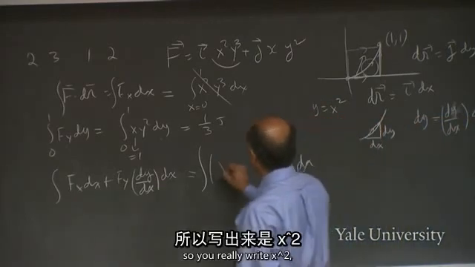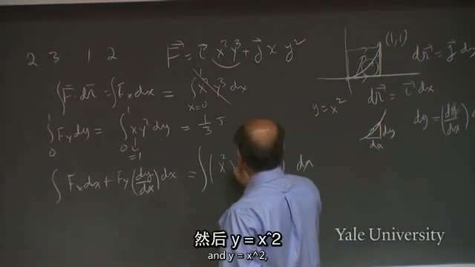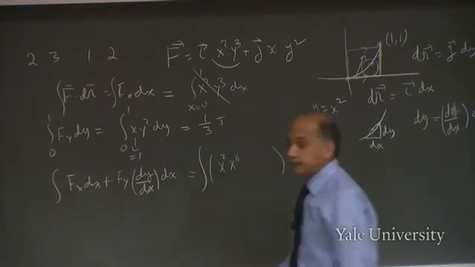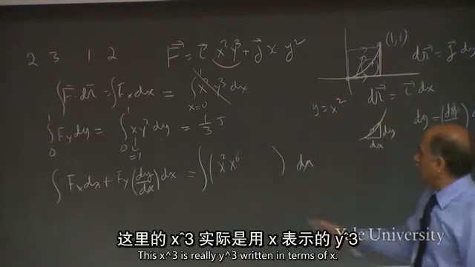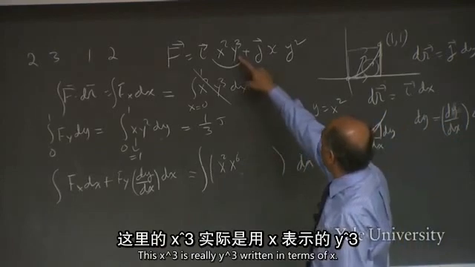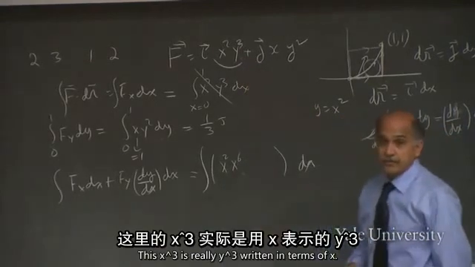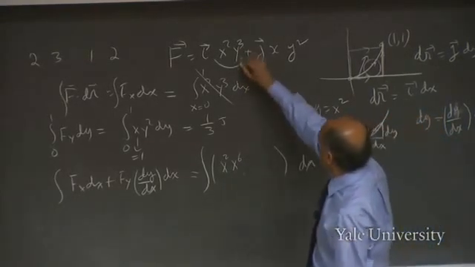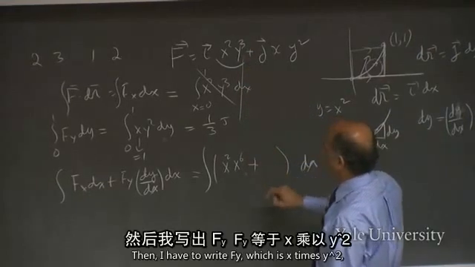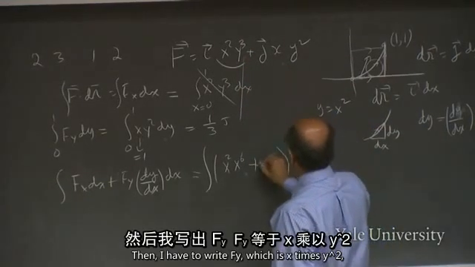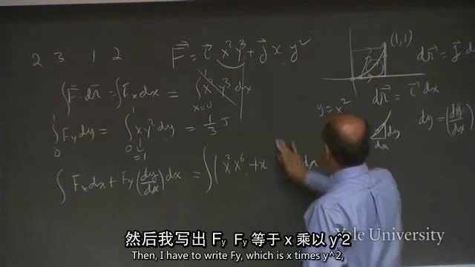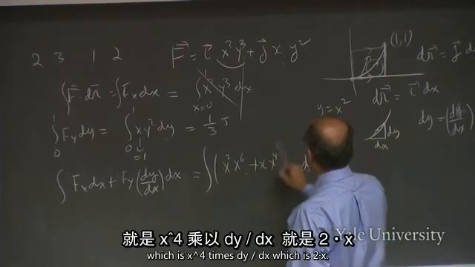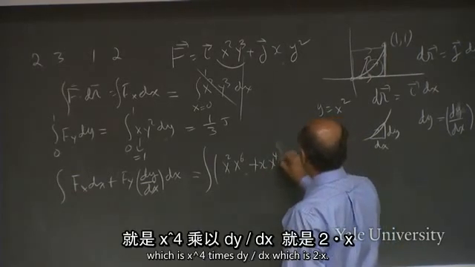So you really write x squared, and y is equal to x squared, that is x to the 6th. This x to the 6th is really y cubed written in terms of x. Then I have to write fy, which is x times y squared, which is x to the 4th, times dy/dx, which is 2x.